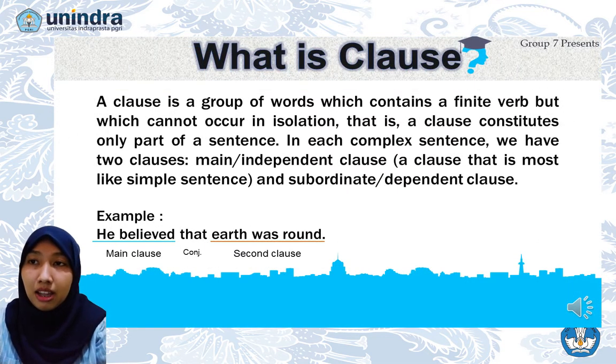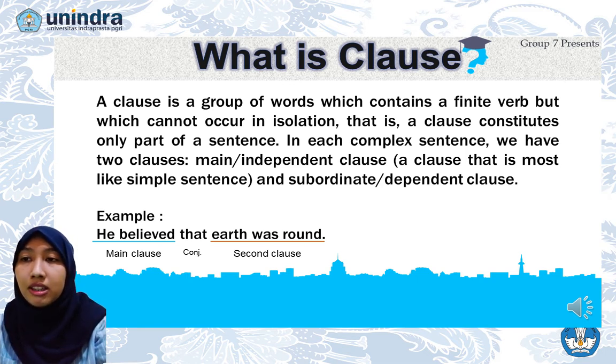Okay, next I will explain about the clause. What is a clause? A clause is a group of words which contains a finite verb but which cannot occur in isolation. That is, a clause constitutes only part of a sentence.